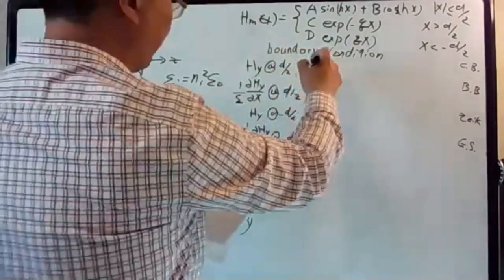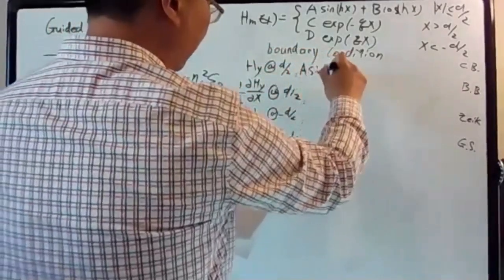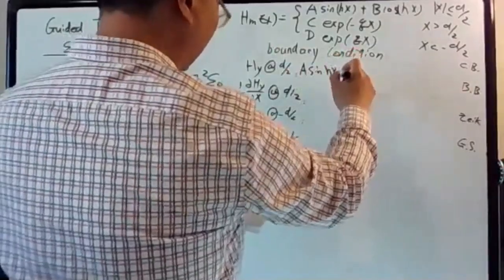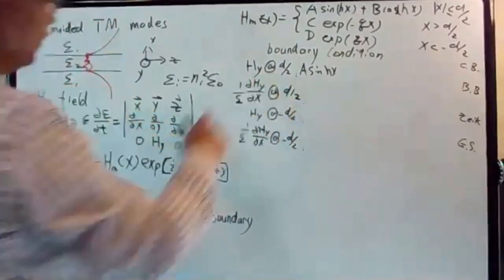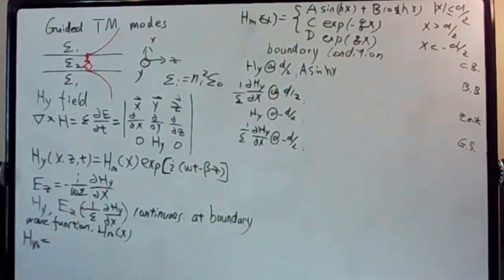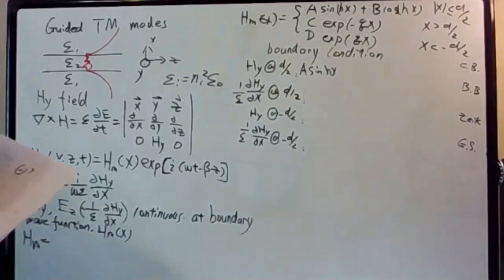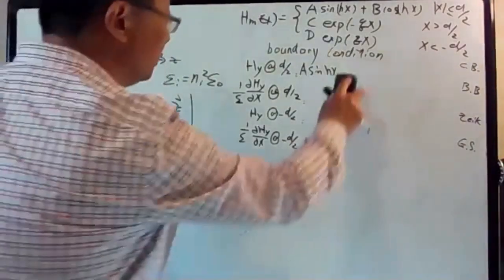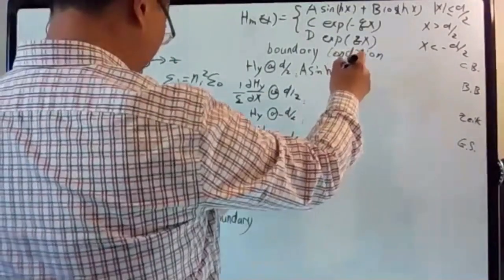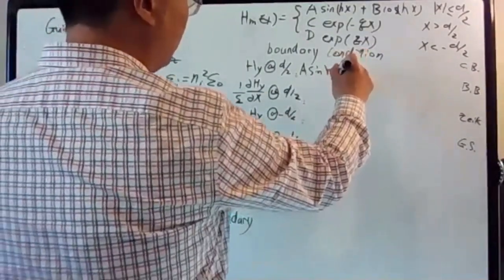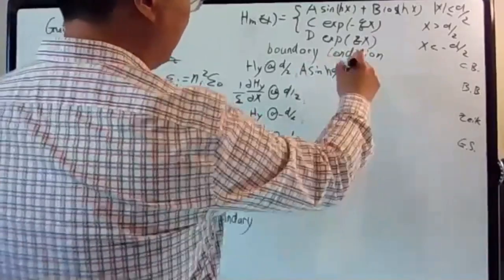A sine hx plus b cosine hx. It is now actually at d over 2, there is no x anymore, so x needs to be replaced by d over 2.